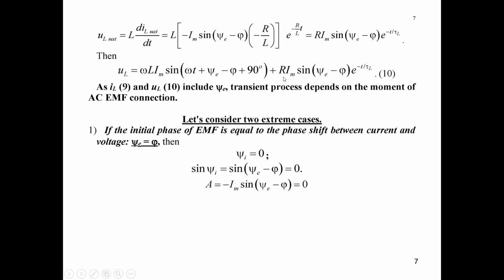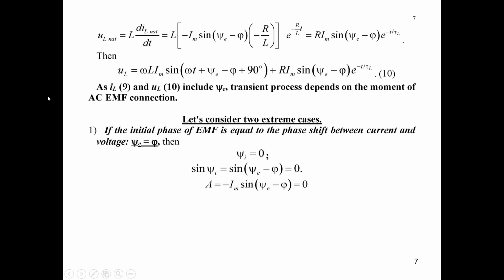Then we cancel the common coefficient. You see, this L and L will be cancelled, and minus and minus will give us plus, and we will have here R multiplied by I maximum, multiplied by sinus of psi E minus phi, and multiplied by this exponential function. It is here.